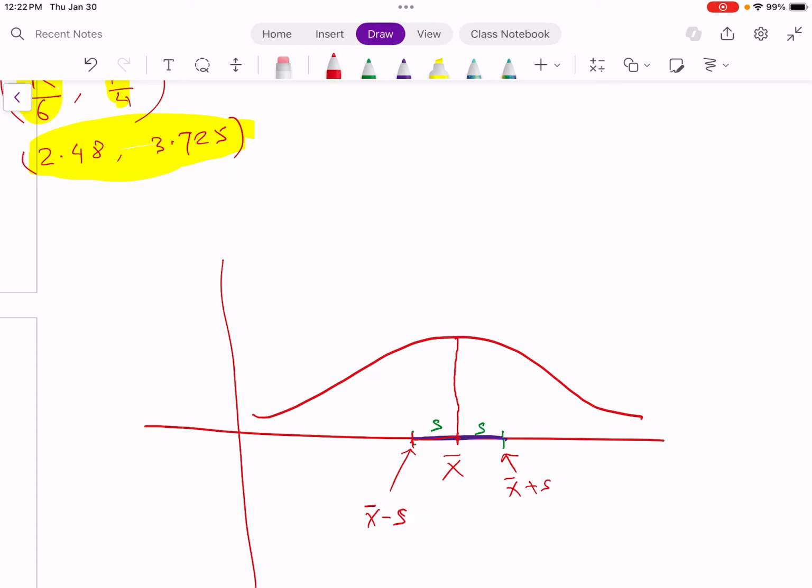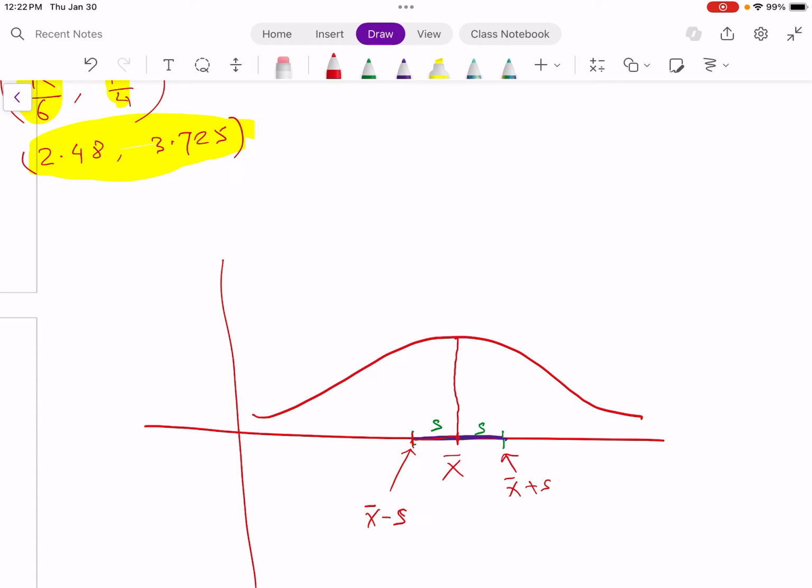Now, according to the empirical rule, what percentage of measurements is within one standard deviation of the mean? 68.